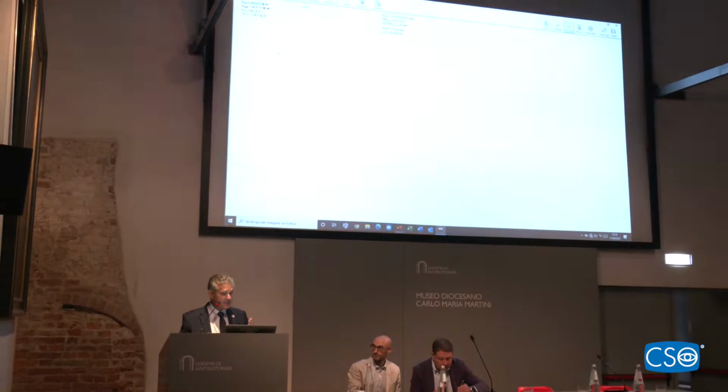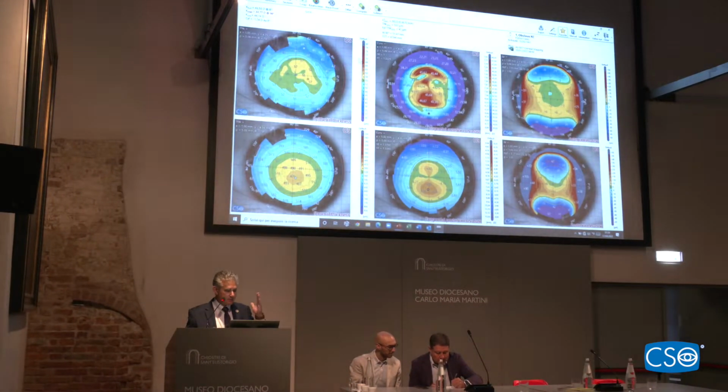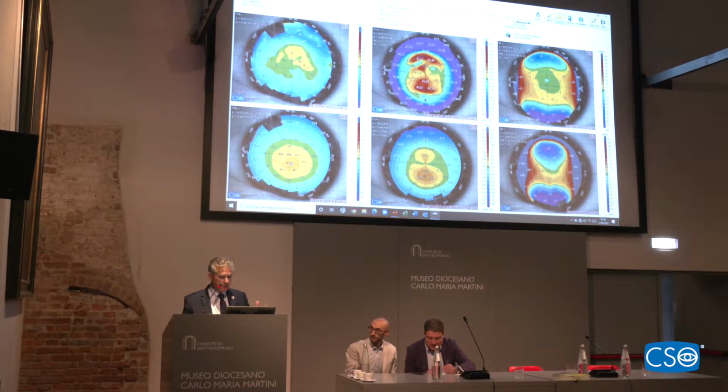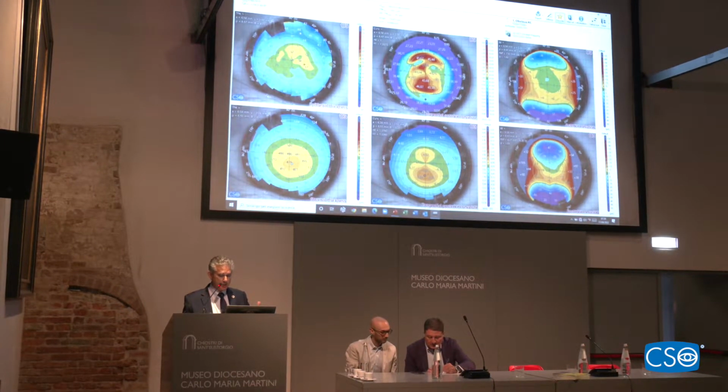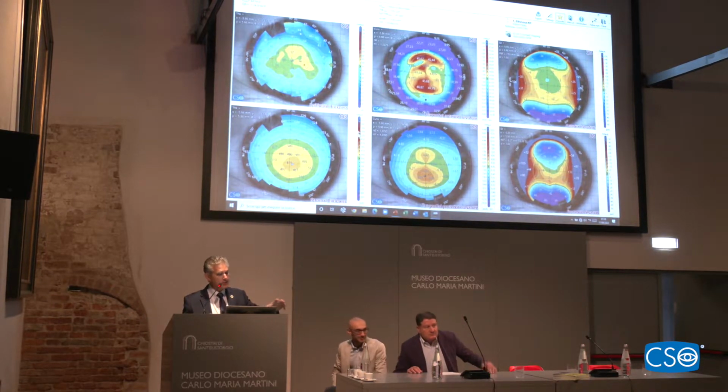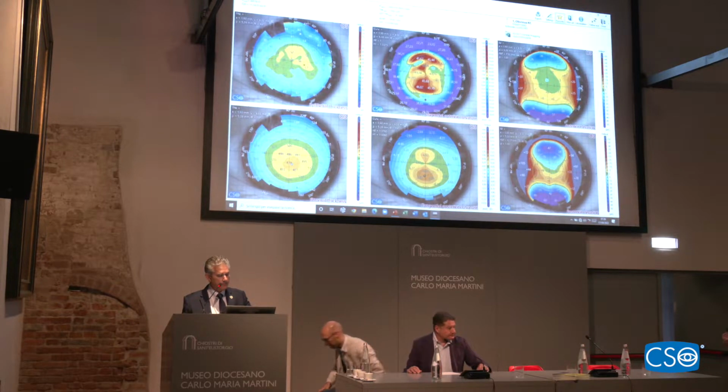The London Vision Clinic 6 map is epithelium, tangential anterior, tangential posterior, anterior best fit sphere, posterior best fit sphere, and here we have the stromal thickness map. So if you want the corneal thickness, you have to go to the 4 map.